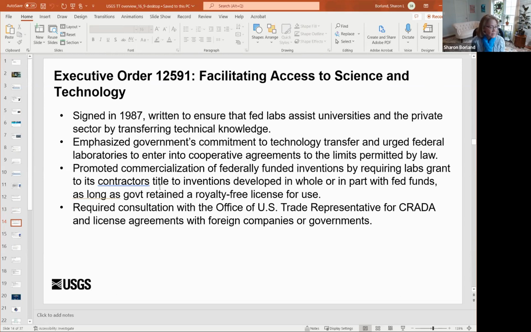Executive Order 12591 was written to ensure that federal labs assist universities and the private sector by transferring technical knowledge developed at the federal labs. It also emphasized the government's commitment to technology transfer and urged federal laboratories to enter into cooperative agreements to the limits permitted by law.